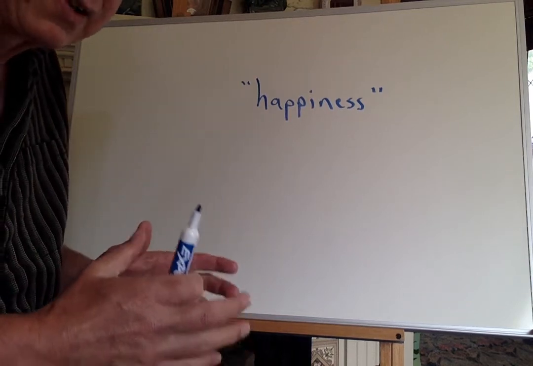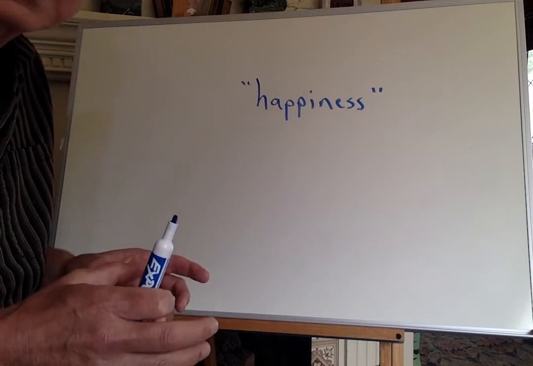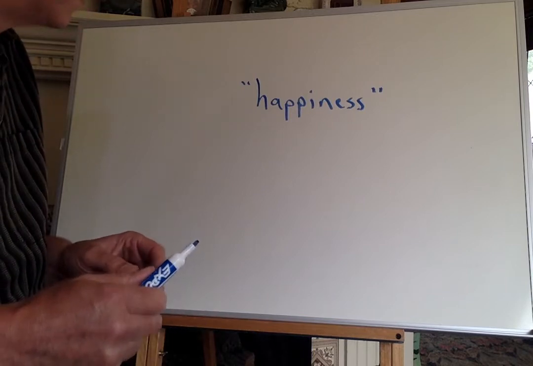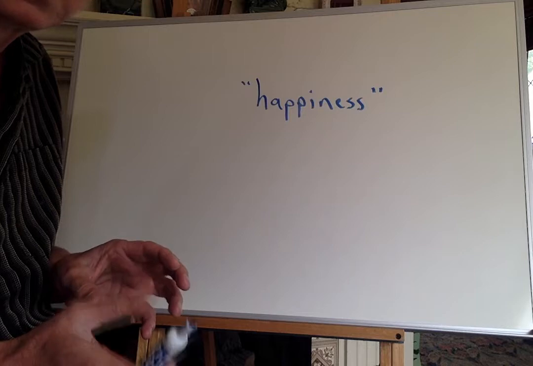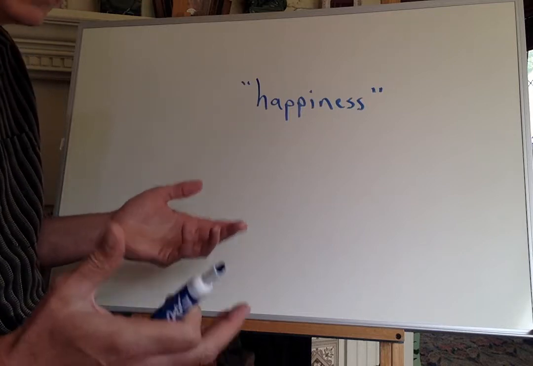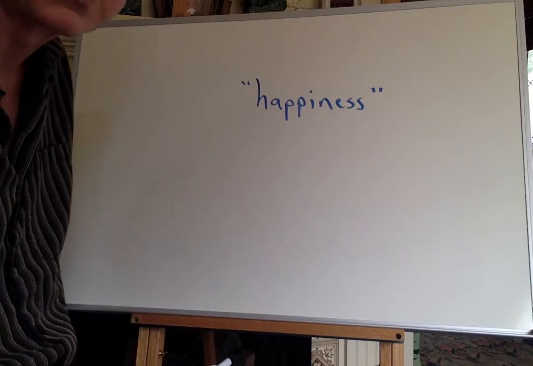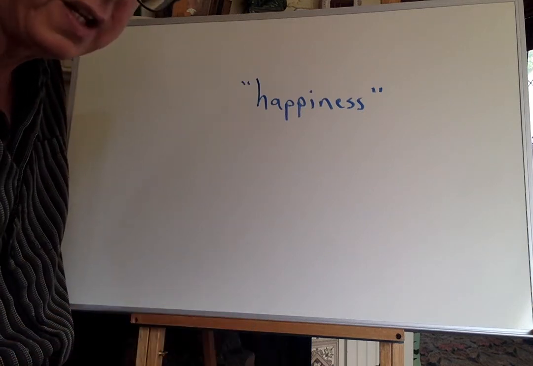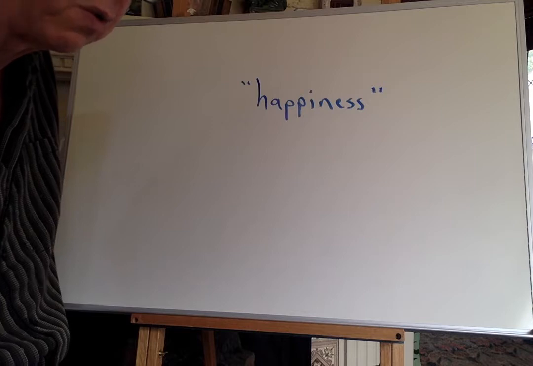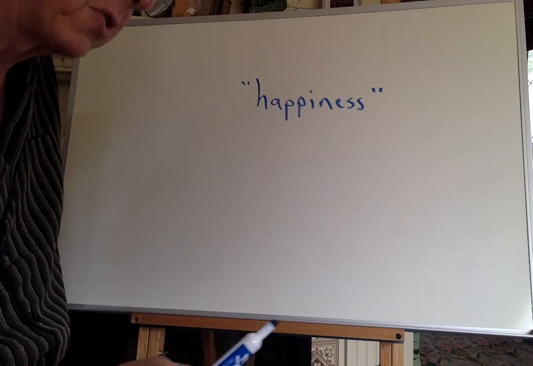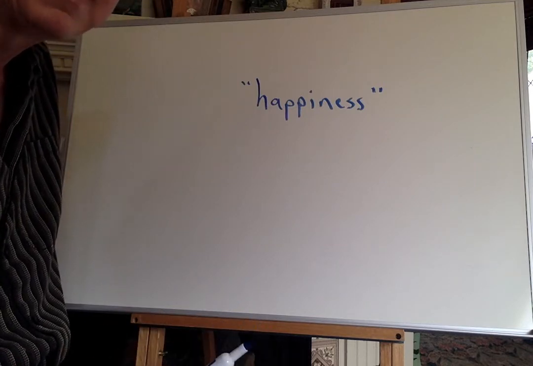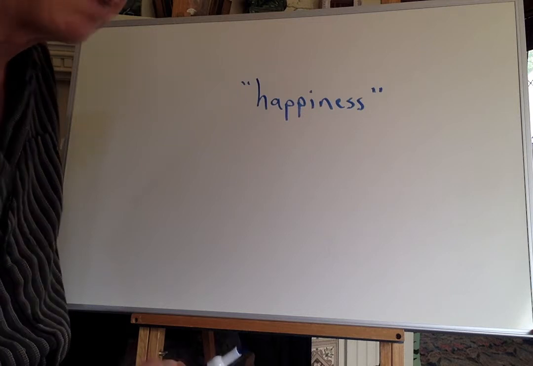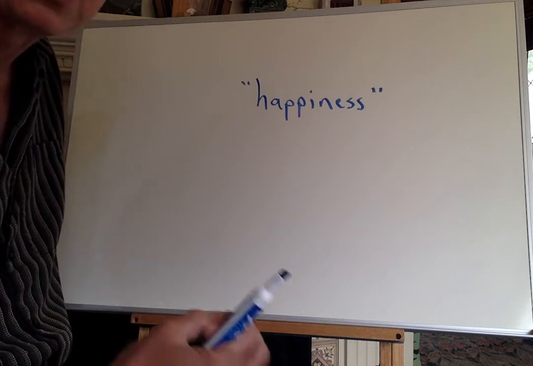Let's break this down a little bit. Let's analyze this. Is happiness a variable or a constant? Well, that's an easy one, right? So, of course, happiness is a variable. It can vary within an individual. So, you might be happier tomorrow than you were today, or you might not be as happy an hour from now as you are right now.